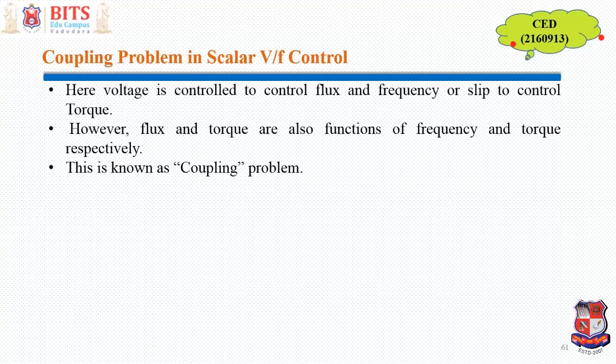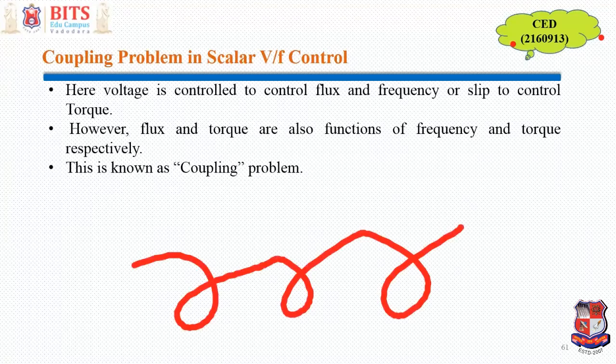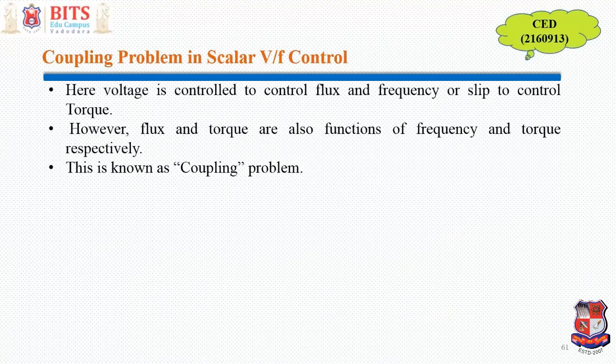But temporarily, within that transient period, there is a variation, and that is basically known as the coupling problem.